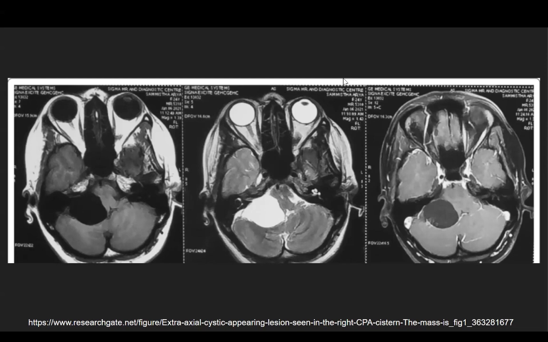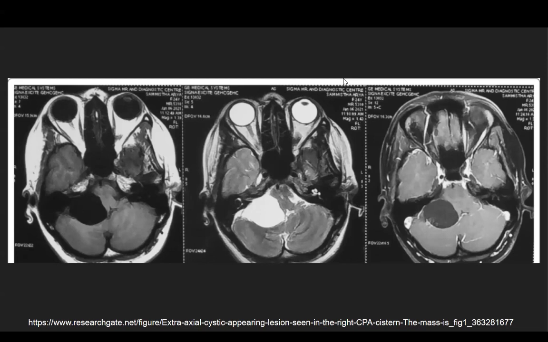So, what do you think? What will be your first differentials just based on this radiology? Epidermoid cyst, because dermoid occurs in the midline and epidermoid occurs slightly off the midline. Okay, so CP angle epidermoid cyst is your first differential. What will be your second differential?